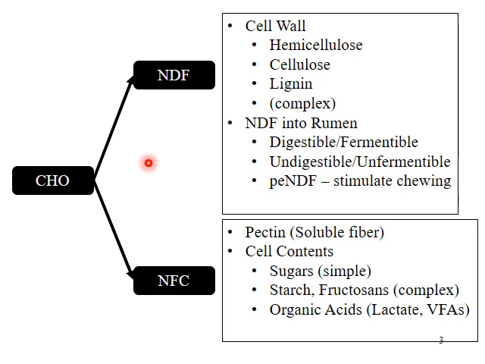So if we take the carbohydrates, we're going to divide them into NDF and non-fiber carbohydrate. So neutral detergent fiber is our cell wall. We talk about hemicellulose, cellulose, and lignin all kind of working together to create this sheet that surrounds the plant cell. It's a very complex carbohydrate.